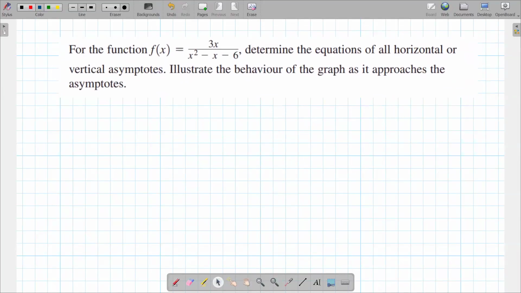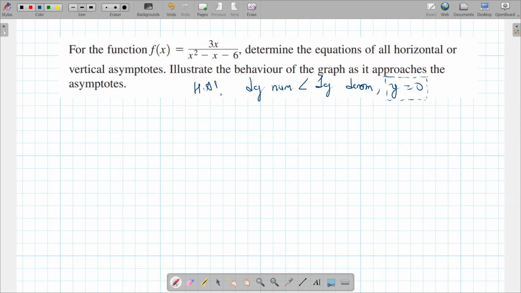All right, here. Remember this is a shortcut for horizontal asymptotes. If the degree in the numerator is less than the degree in the denominator, then you'll have a horizontal asymptote at y equals 0, okay? So for this, is the degree in the numerator less than or more than the degree in the denominator?